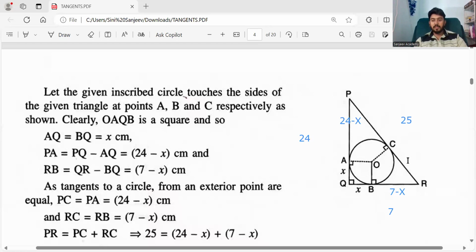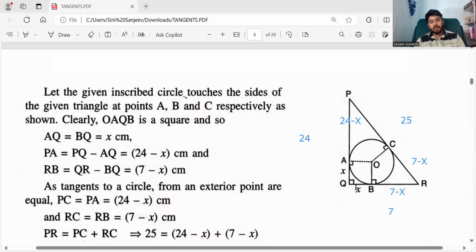If this is 7 minus X, this also will be 7 minus X. Correct? And this will be 25 minus 7 minus X.